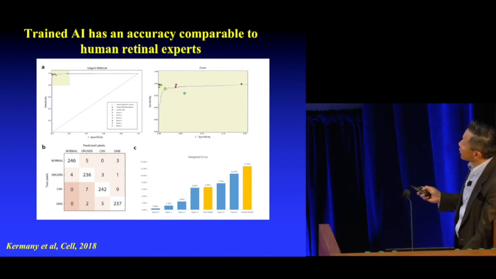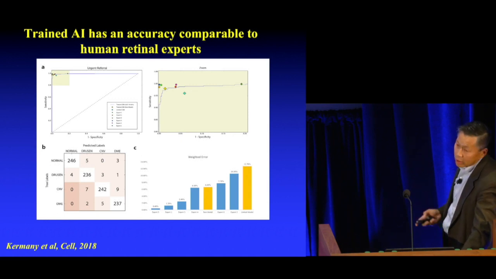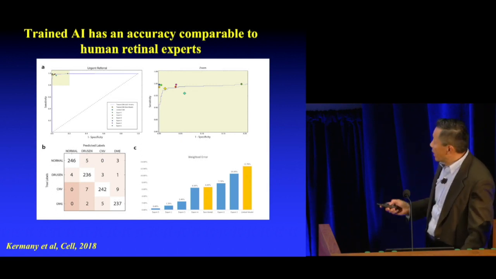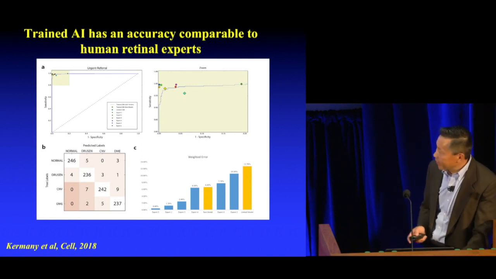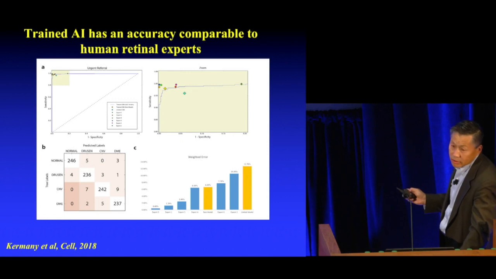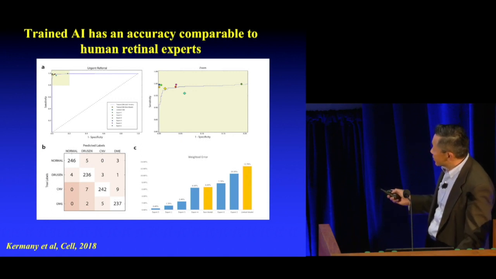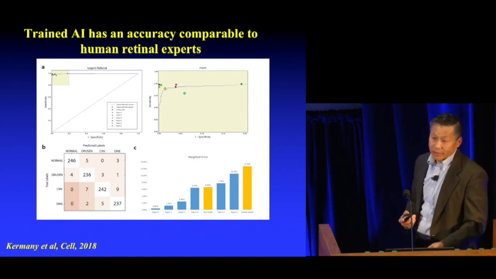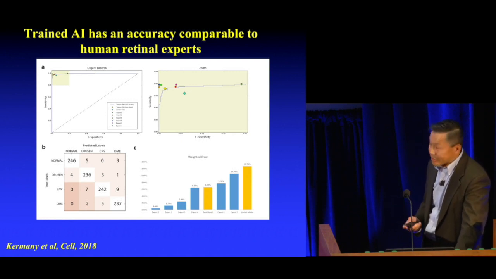Concentrating on this corner here, initially after 2 weeks of training it got about 88% accuracy, and after another 2 days of training it got about 95% accuracy. Those are 2 retina fellows at the Shiley Eye Institute at UCSD, and those are mid-career and senior retinal physicians grading the OCT images. As you can see, with just 2 to 3 weeks of training, the AI is achieving retinal specialist level, which requires at least 10 to 20 years of training.